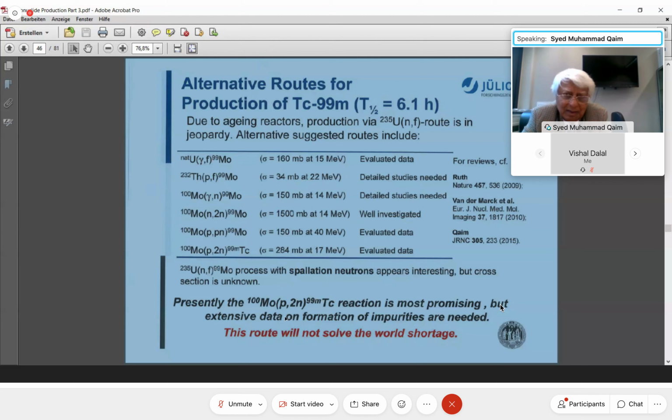It's too far, the 6-hour half-life, it will decay. With molybdenum, the advantage is it's long-lived, a 66-hour half-life on the generator, and every day you can remove technetium-99m. If you produce technetium-99m directly from molybdenum-100, it is decaying with a half-life of 6 hours, and so it cannot be transported very far away. So it's a big disadvantage.